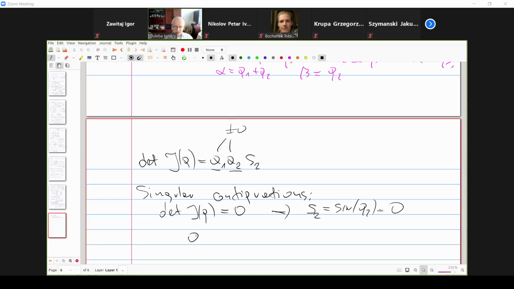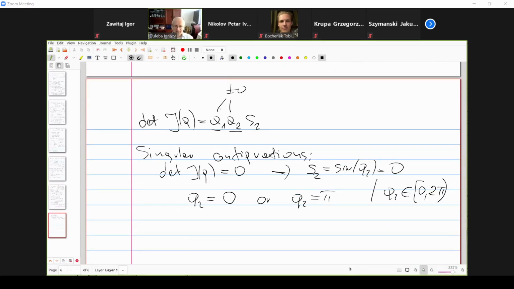So Q2 is equal to what? Q2 is equal to 0 or Q2 is equal to pi. Of course, we are assuming that Q2 belongs to a range of 0 to pi.